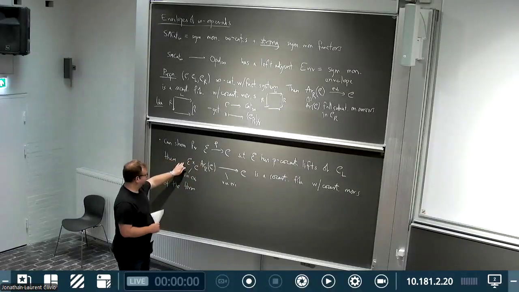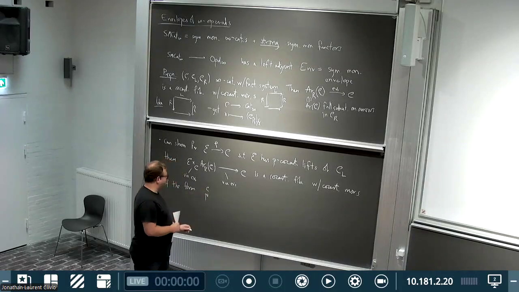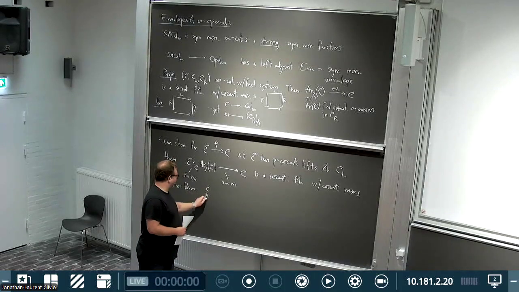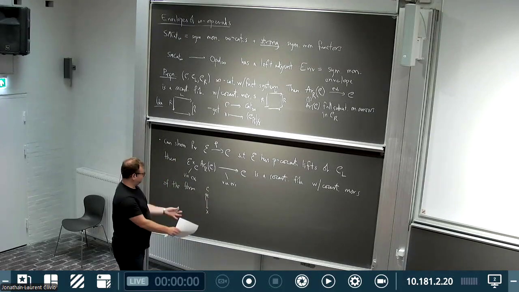So I have an object here, some E, and then I have a map in C from P(E) to X.